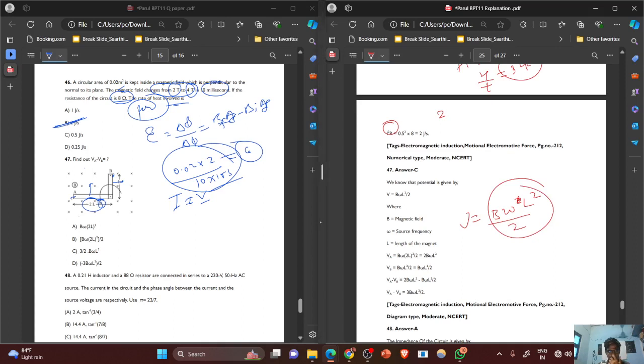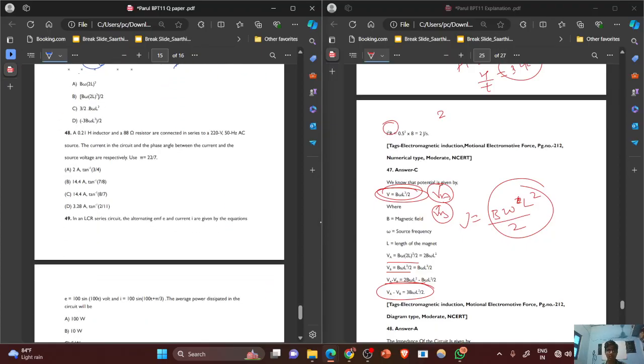For one, L is this, omega is this, B is this. For the other, L is this, omega is this, B is this. Put the values for VA and VB, get the difference. Apply the formula for the A rod, then for the B rod, then take the difference, because it is asking the difference, not the total potential.